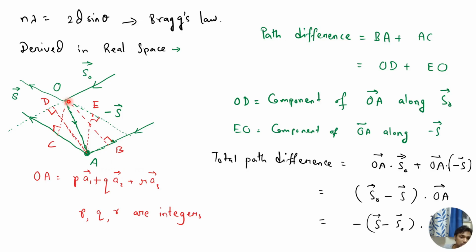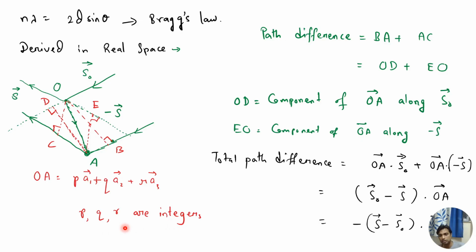So let us think that there are two lattice points O and A. That means this distance OA can be obtained by some linear combination of the unit vectors a1, a2 and a3, such that p, q and r are integers. That's what we mean. So what does this impose?